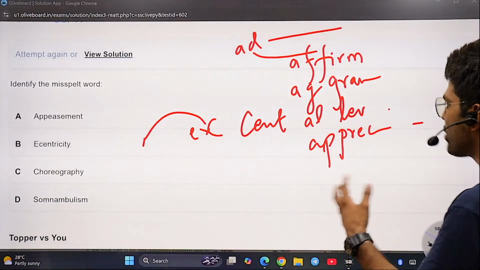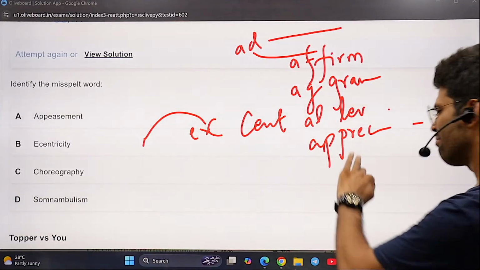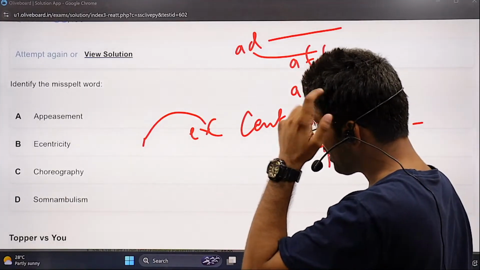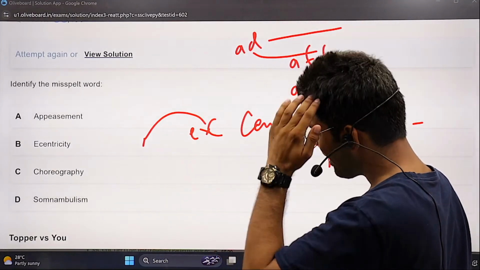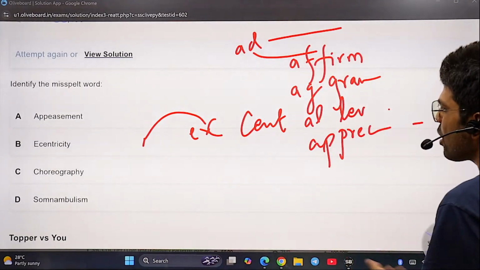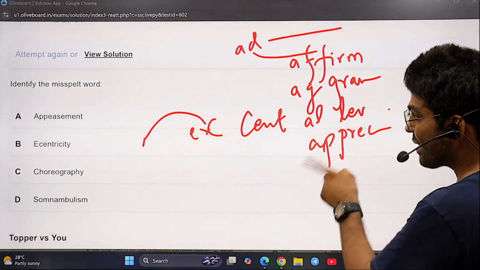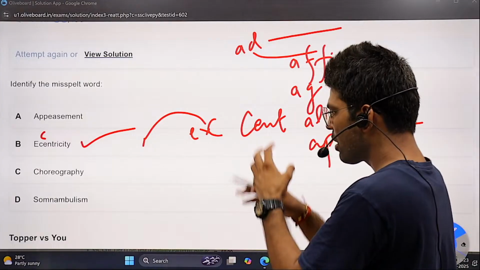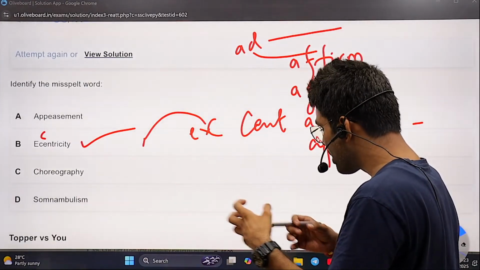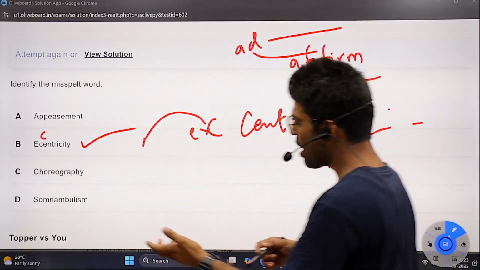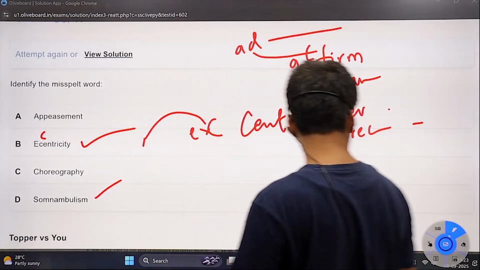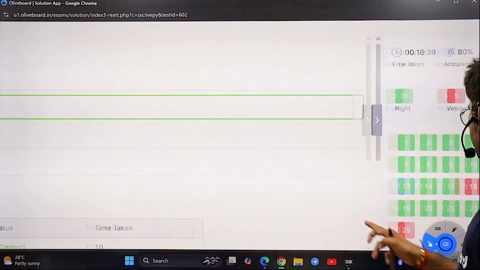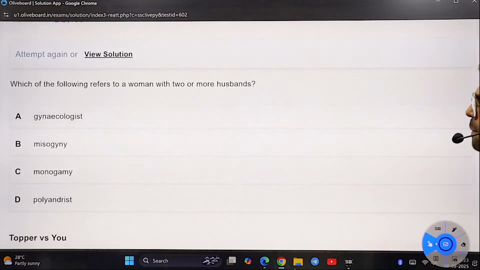So eccentric, eccentricity, slightly from the center, and for people also, irrational people. Are you mad? Eccentric. Appeasement is all okay. Eccentricity: ex and center, so there should be another c in between. Choreography, fine. Somnambulist, somnambulism, somna, ambula, everything correct. So eccentricity is the misspelt one. The rest of those are already correct.